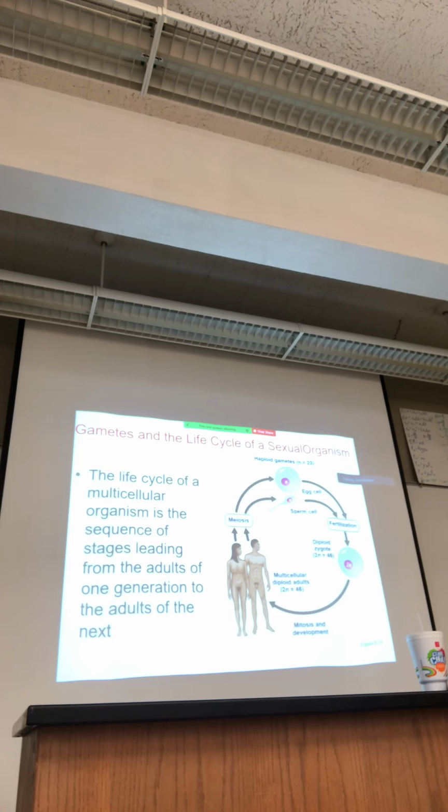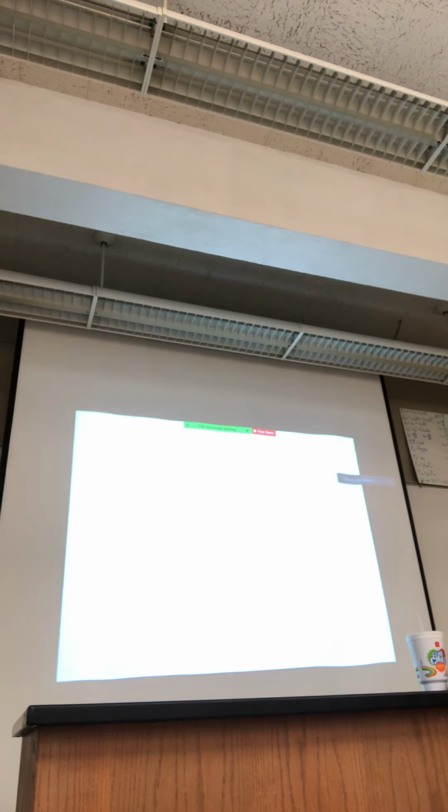If you didn't cut the number of chromosomes in half, then the next generation would have 92 chromosomes, and the next one would have 184. Now plants can do that, but animals generally don't. So humans are diploid organisms, meaning most of our life cycle, we are diploids. We have 2 sets of chromosomes.